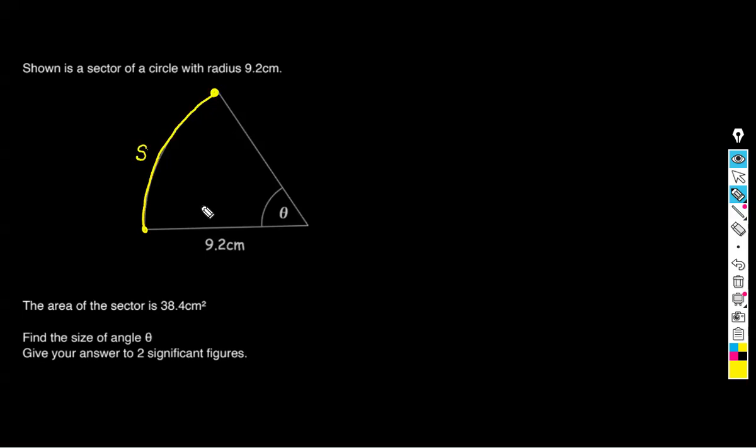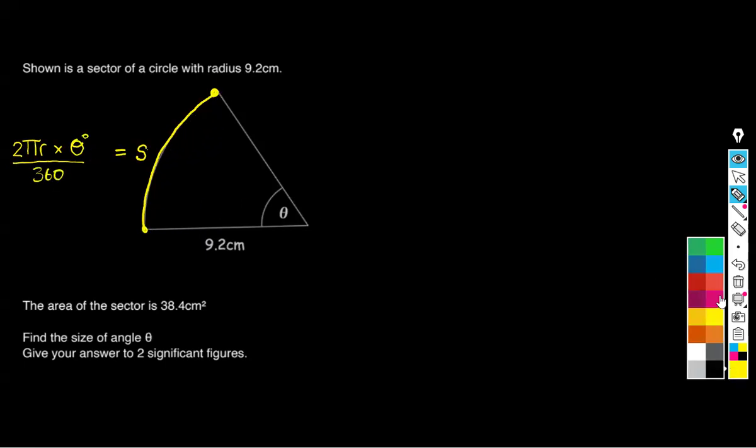To find the length of the arc, it's 2 pi r multiplied by the angle in the sector divided by 360. That's how you find the length of the arc.